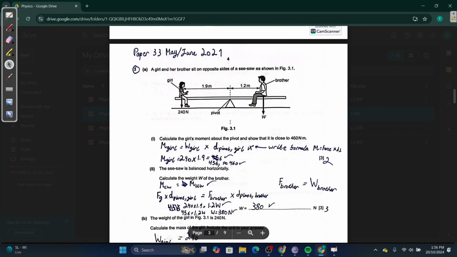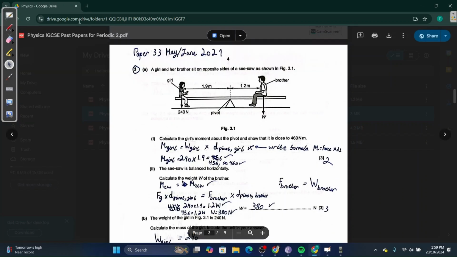Okay, so for the second question, paper 33, May, June 2021: a girl and her brother sit on opposite sides of the seesaw as shown in figure 3.1. Calculate the girl's moment. Okay, to calculate a moment, let's say M_g for the moment of the girl is equal to the force of the girl that's acting on the girl times the perpendicular distance.